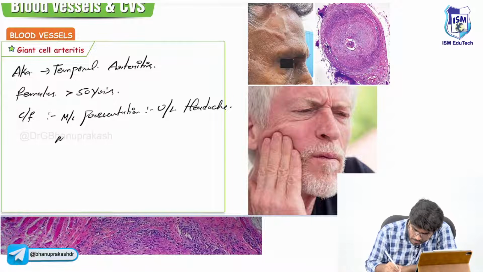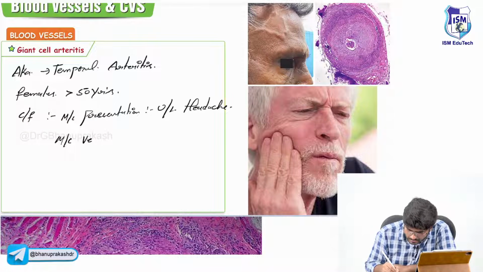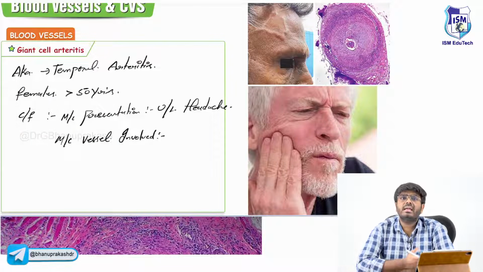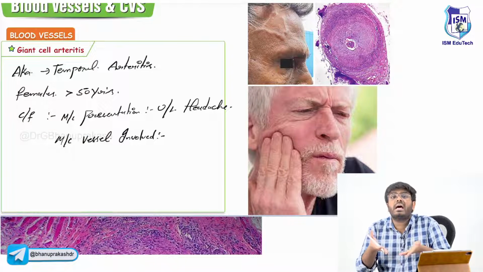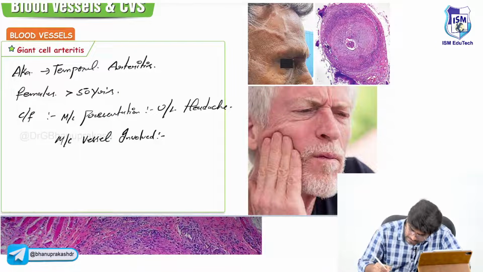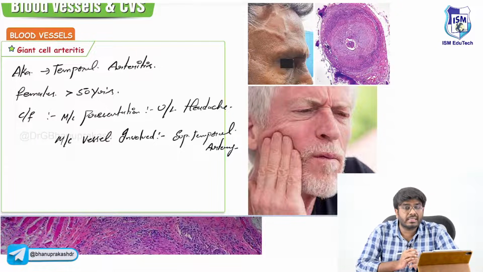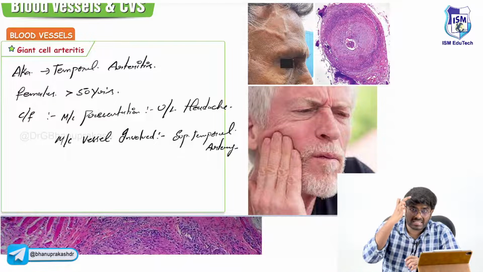Because of the most common vessel involved. You know what is the most common blood vessel involved in this type of vasculitis? This is in the name itself. It is temporal arteritis. So it's the superficial temporal artery that is getting inflamed, and that is temporal arteritis.